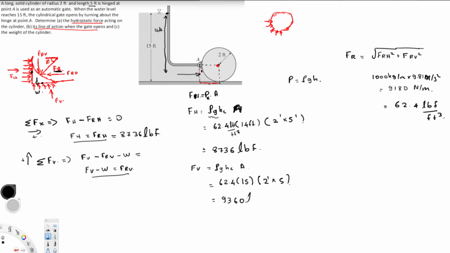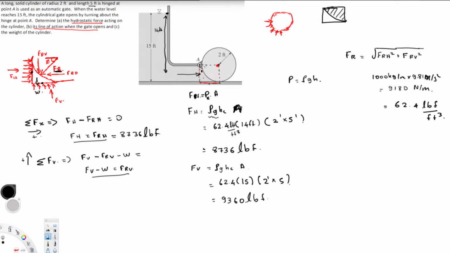But to calculate the FRV we need the weight also, the weight of this water right here. What I can do is, if I calculate the total weight and deduct the weight of the cylinder, that gives us the weight of the water.